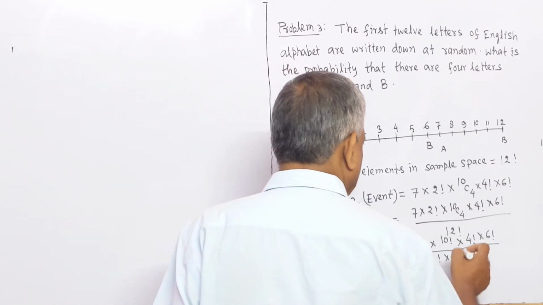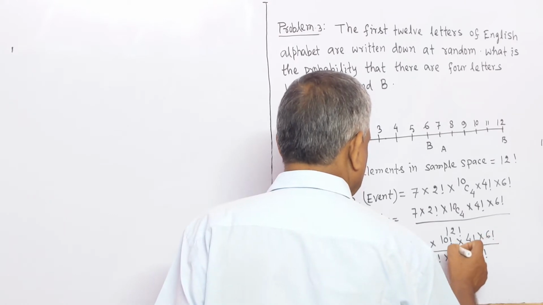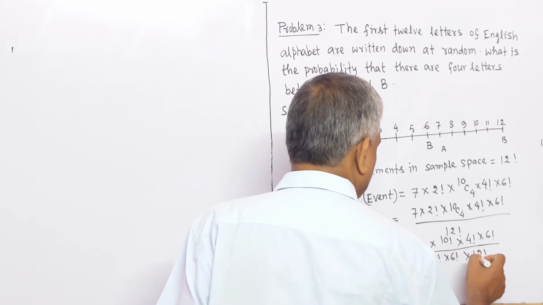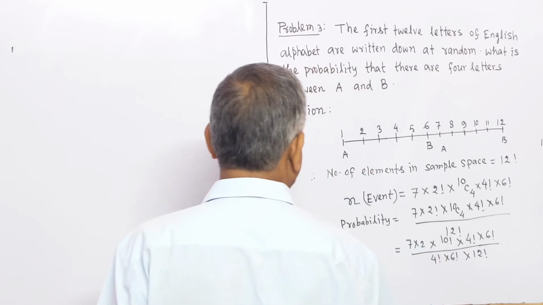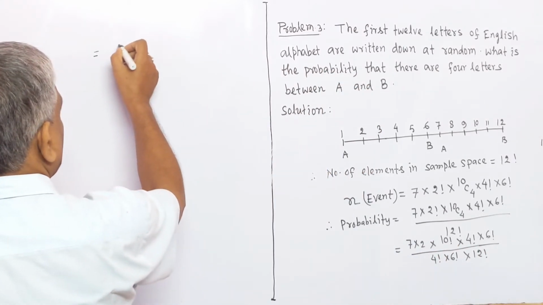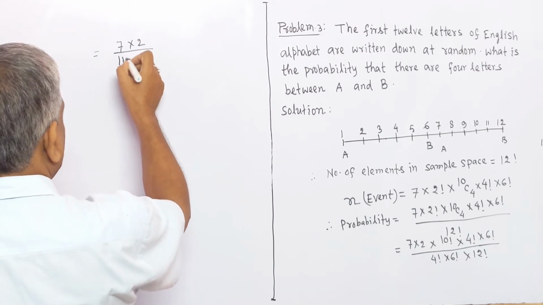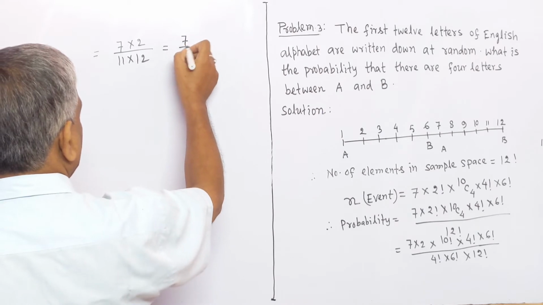So if we cancel this and this and this, here factorial 10, here factorial 12, so remaining be 11 multiply 12, so this equal to 7 multiply 2 by 11 multiply 12, and this is 7 by 66.